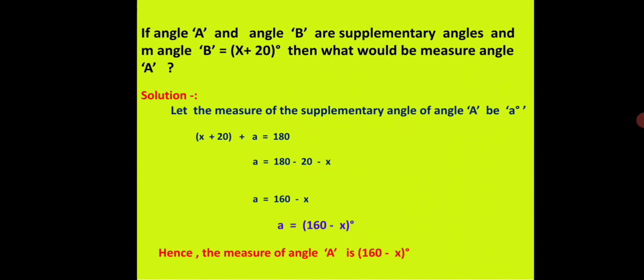So remove the values from the bracket. Here I got the value of A, that is 160 minus x. This is the measure of angle A, 160 degrees minus x. This is the measurement of angle A, with angle B already given in the question.